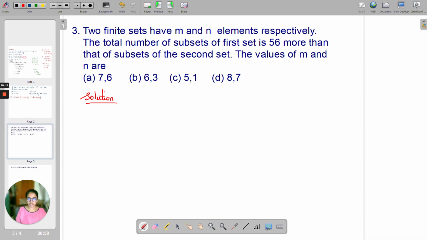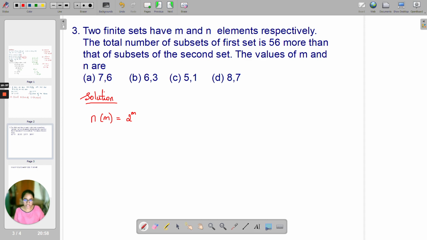So which is the first set over here? M, right? So the first set is M. How do you denote this? I denote this by 2 to the power m. Now they are saying the total number of subsets of the first set is 56 more than that of the subsets of the second set.